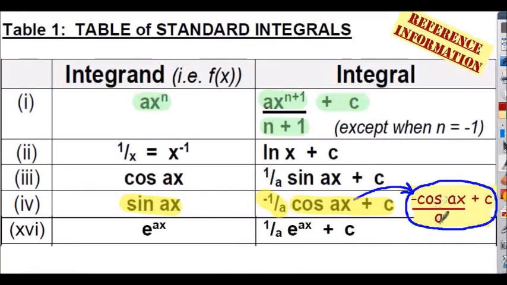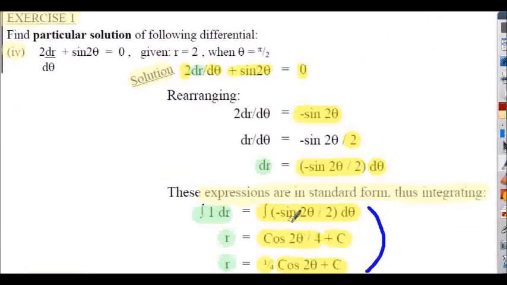Again, that goes to the fact that we have the a in the denominator when we integrate. So integrating the negative sine 2 theta upon 2, we already have a 2 in the denominator, so when we integrate it we get another 2 in the denominator, and of course that makes a 4. This is all related to integration using standard forms, and there are previous presentations related to this specific topic.